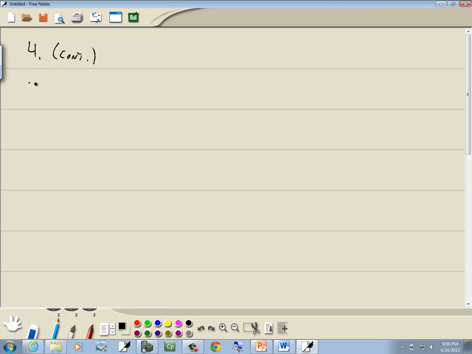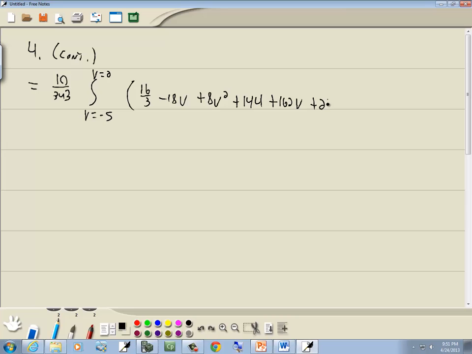Okay, so we're now at 10 over 343. Even if I make a basic math error, I think you get the idea. 2 and 16 thirds minus 18V plus 8V squared plus 144 plus 162V plus 24V squared dV.